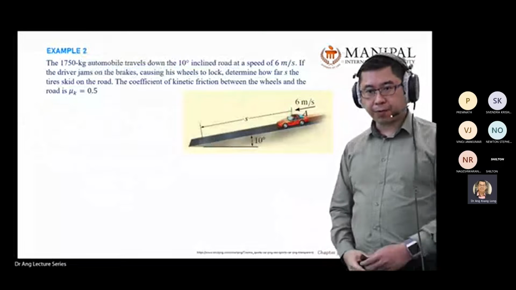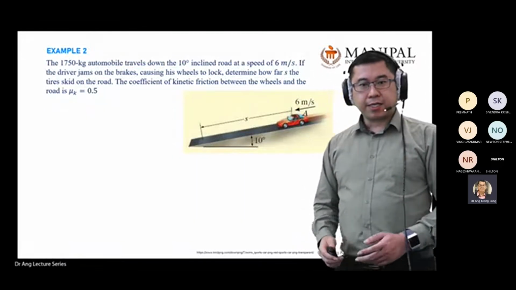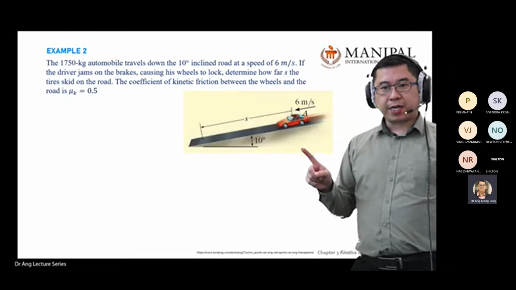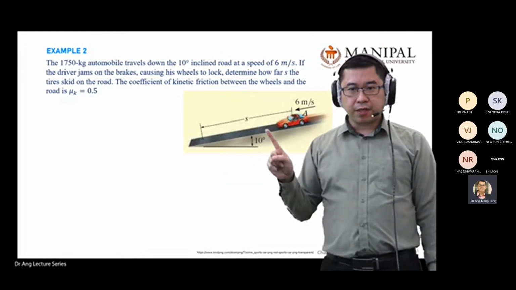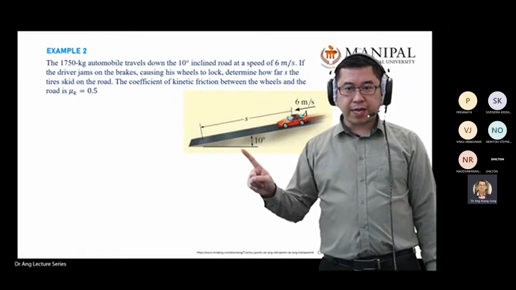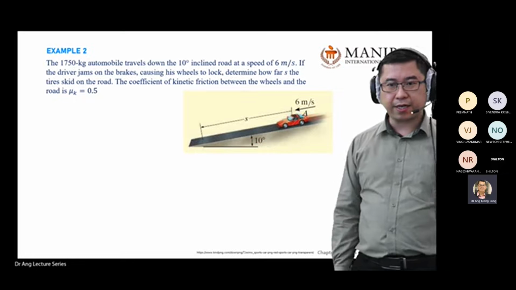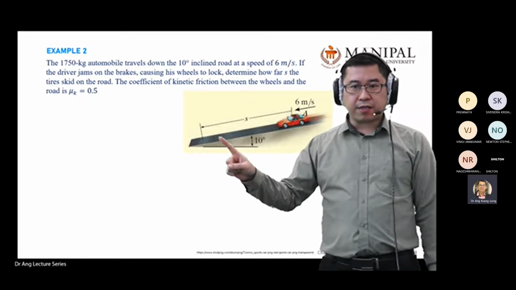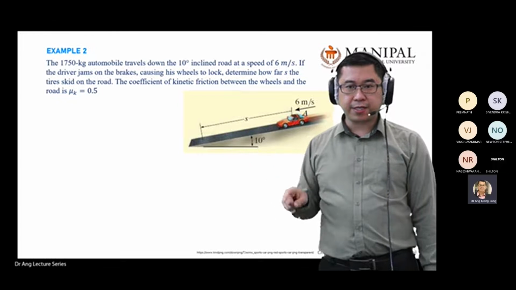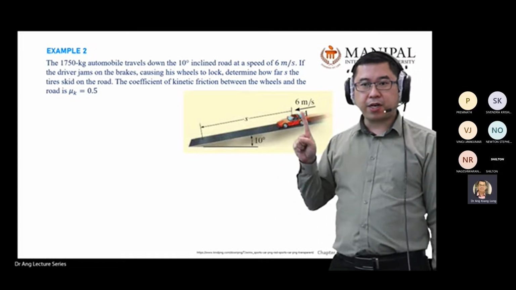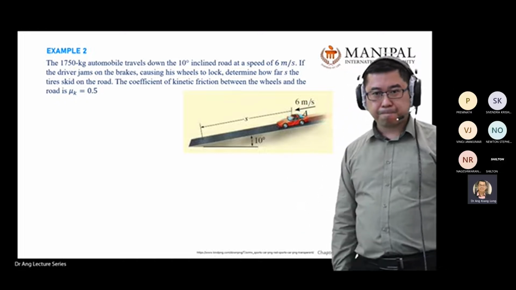Let's look at one example, and then we call it a day. Example number 2: you're given an object sliding on a path, and this path has a 10-degree slanting angle. The distance from this position to this position is labeled as S, coming in at a velocity of 6 meters per second.